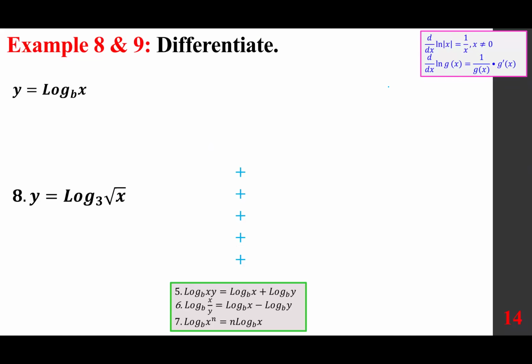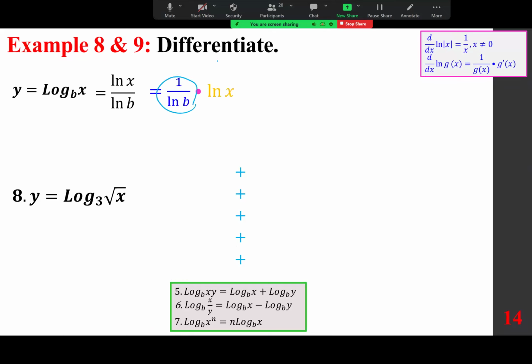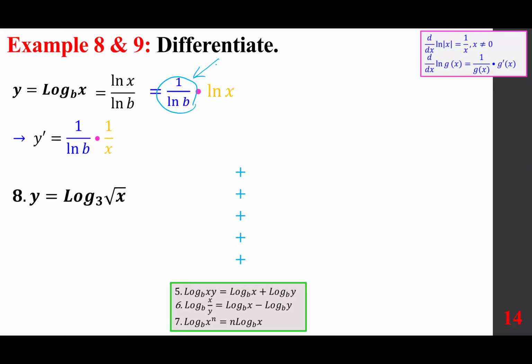Change of base formula tells us that log x base b is ln x over ln b, and ln b is a number. So we rewrite it in this fashion so it becomes clear this is a number. 1 over ln b is like a number 2, 5, 10. So if I differentiate that, I get the same number times the derivative of ln x, which is 1 over x, and I put them together.